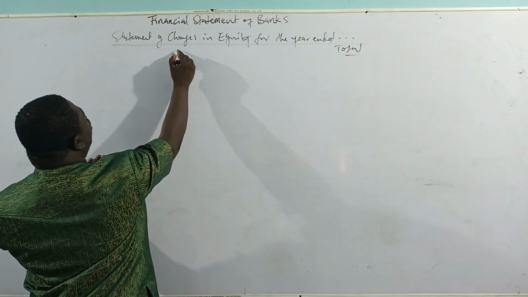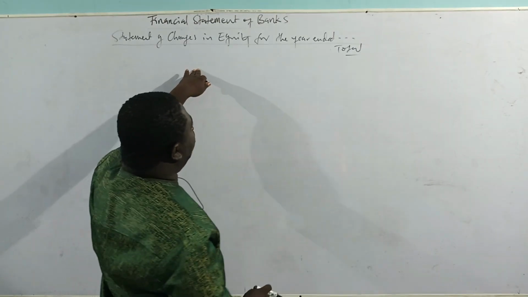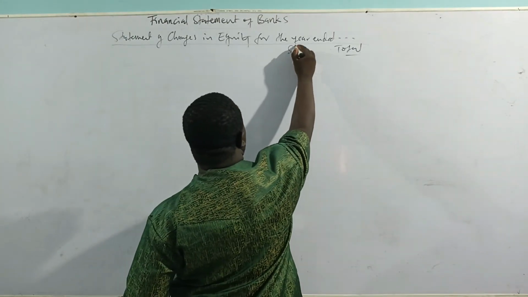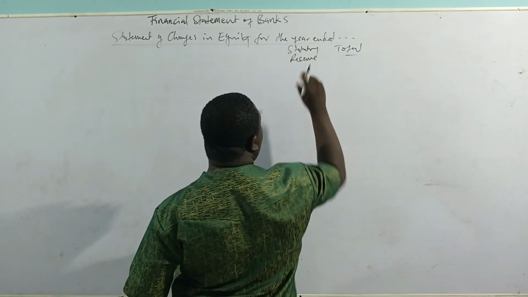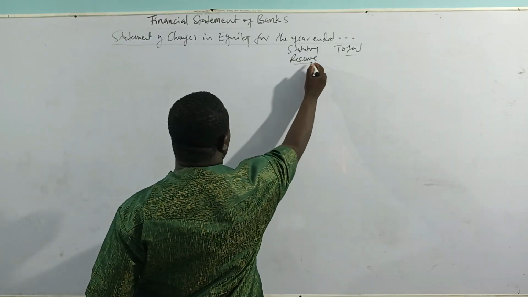You show your stated capital. So let me create columns for stated capital, income surplus, capital surplus or revaluation, and then there is something called statutory reserve, which I will explain. Of course, there are other reserves that a bank could have in their equity, but I will explain the statutory reserve.